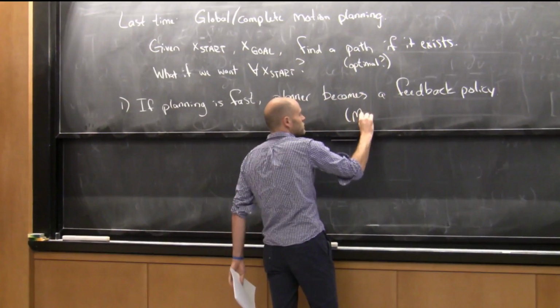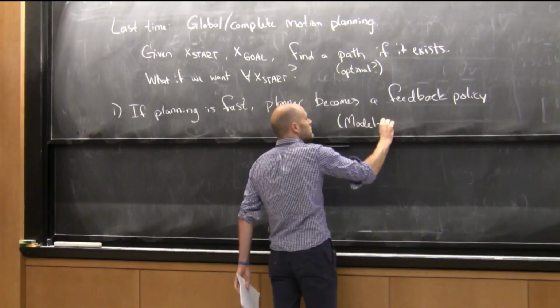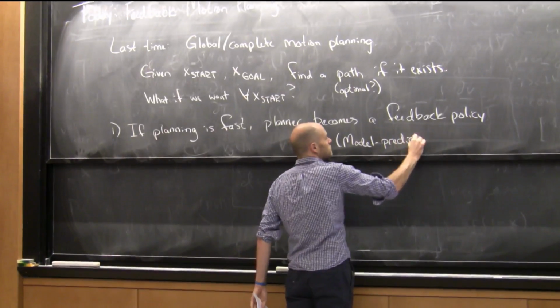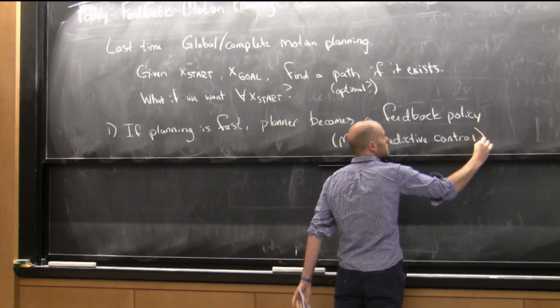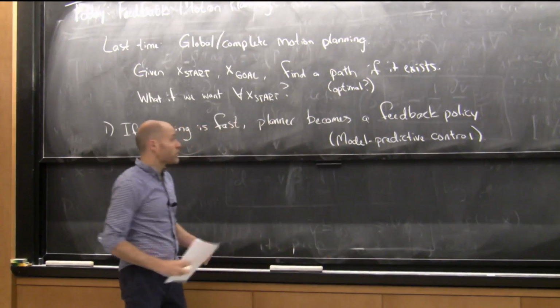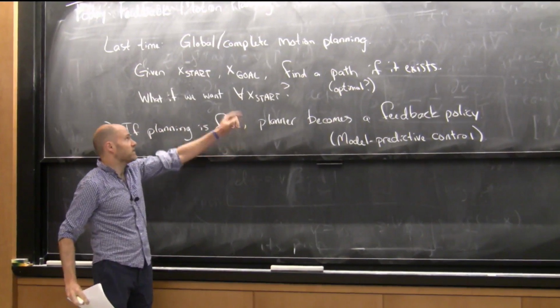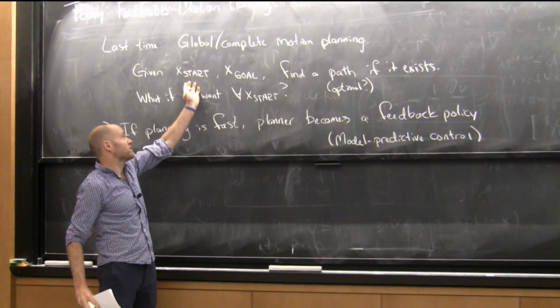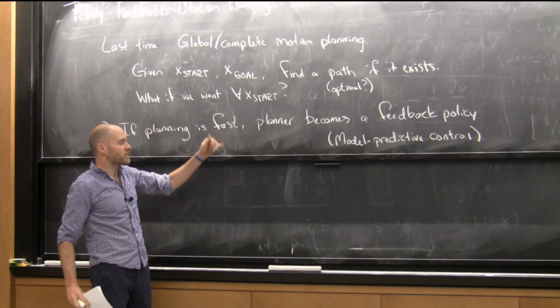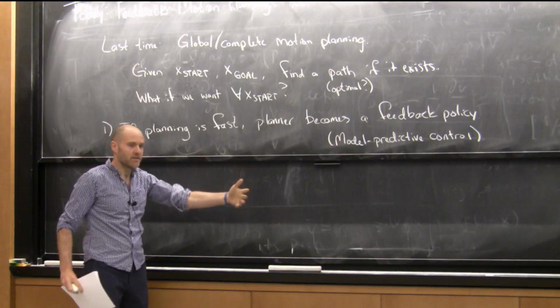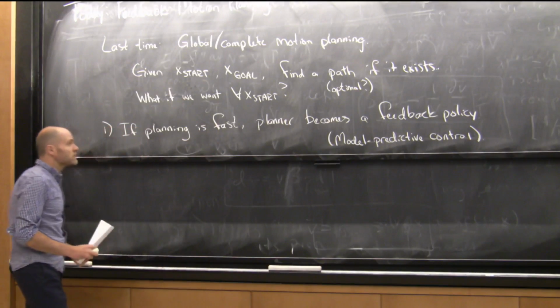That's the model predictive control idea, which says, take whatever my current estimate of my state is and find a path from the start to the goal, get my planner, take the first step, then repeat.